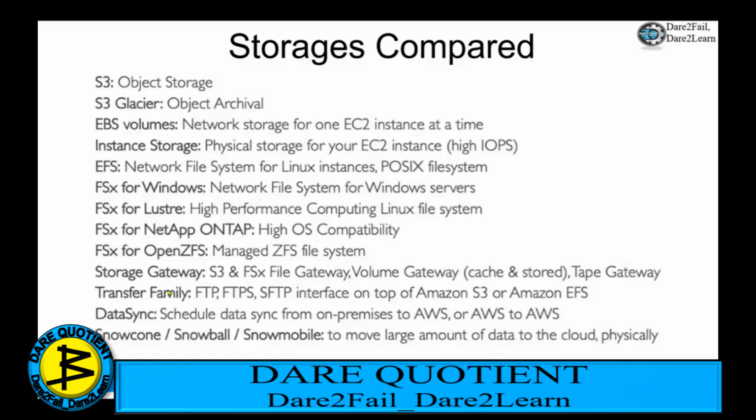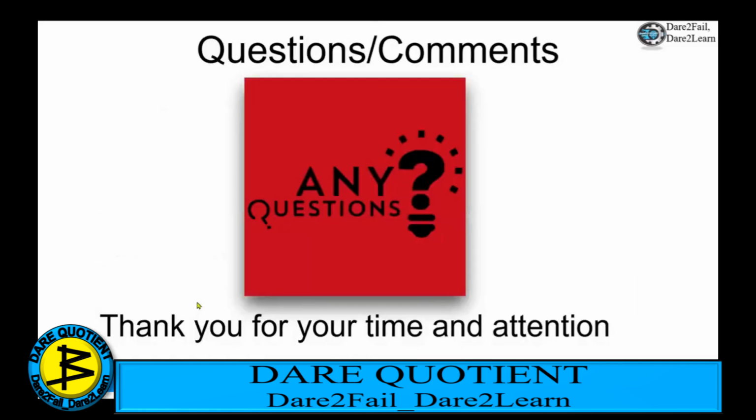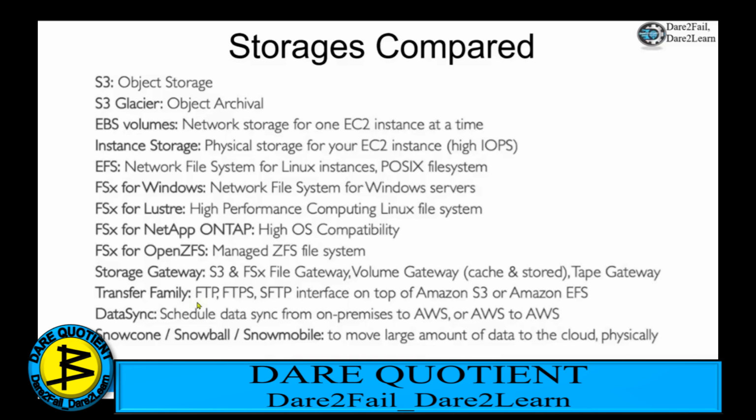And we had the Transfer Family. So this is the mode in which you can give access to data that is within your S3 bucket or your EFS system. So it uses the FTP protocol. And we have the three different types. We have the FTP, which is the File Transfer Protocol.